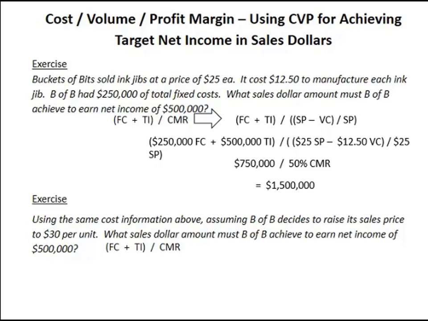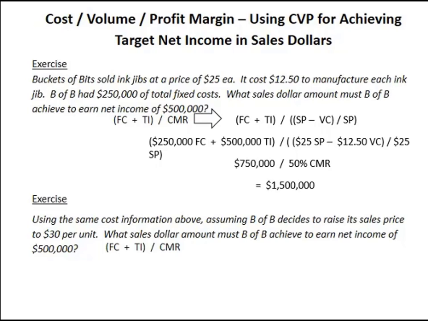Let's try this next exercise. Now, using the same cost information above, let's just assume that Buckets of Bits decides to raise its sales price to $30 a unit. If we do raise that sales price, what sales dollar amount are we going to have to achieve to earn a net income of still that $500,000?